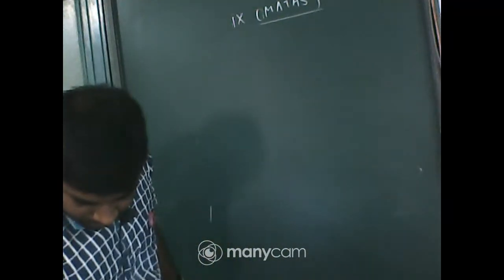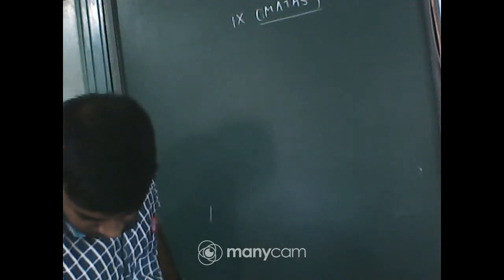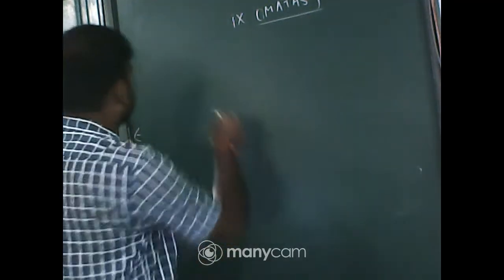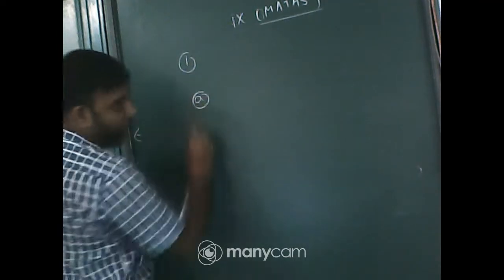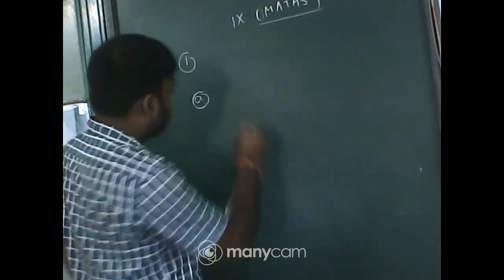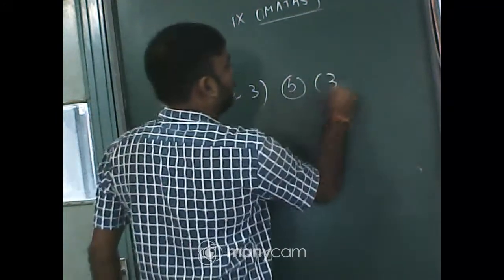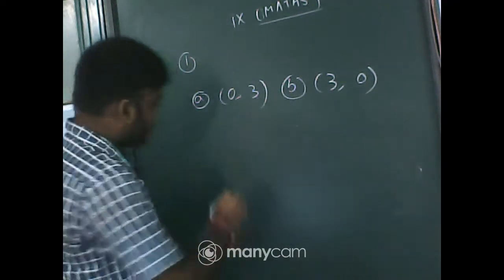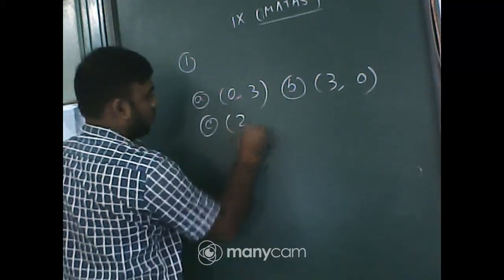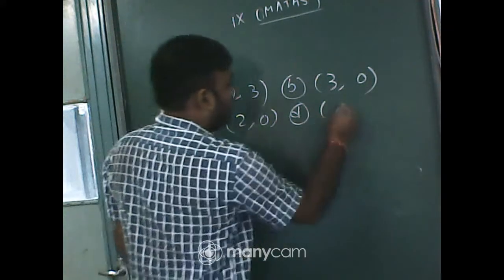First question. First I will give you the options: A 0, 3; B 3, 0; C 2, 0; and D 0, 2.